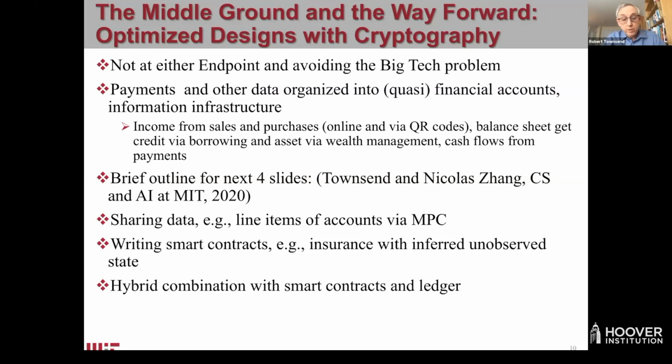Now I want to take you through some joint work with Nicholas Zhang, who's in computer science and artificial intelligence here at MIT, about sharing data, sharing the line items of financial accounts used via multi-party computation, about writing smart contracts with insurance inferred, even if everyone's got private information and doesn't know the full picture.